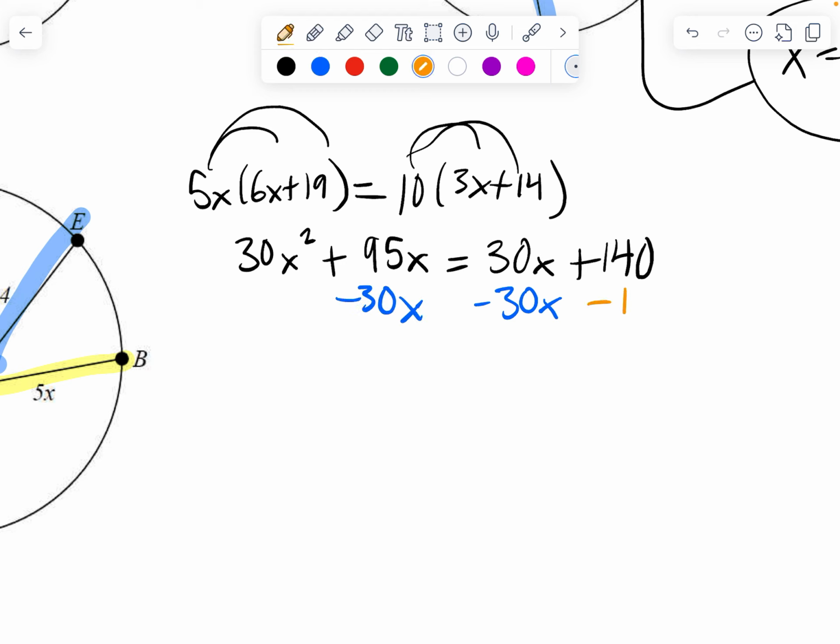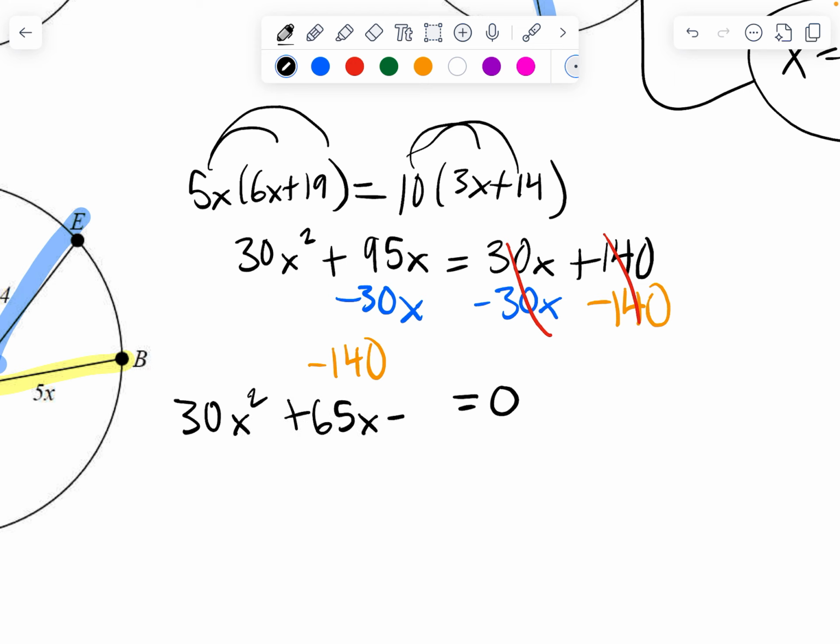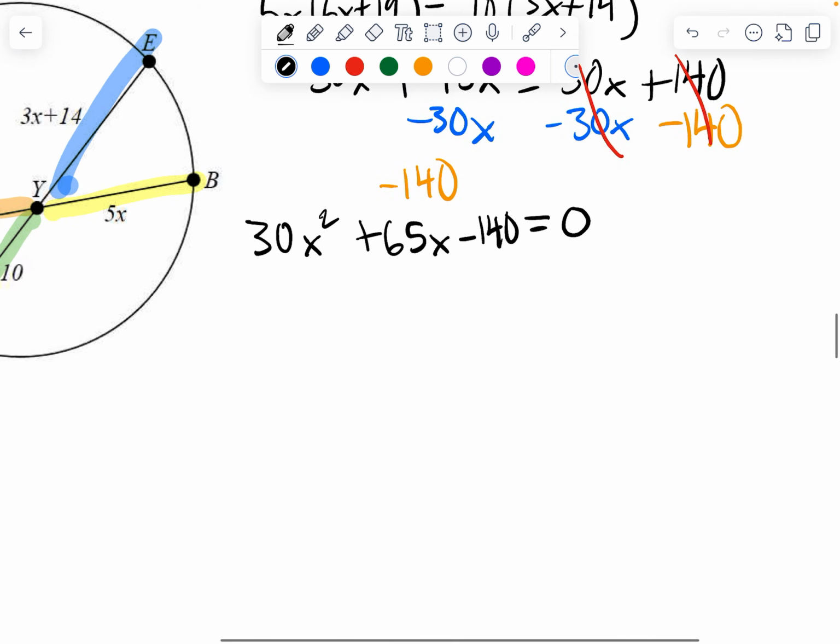So I'm going to subtract all of these over, right? So on the right, those cancel, give you 0. On the left, we have 30x squared plus 65x minus 140. And there we go. Now we just need to solve this.